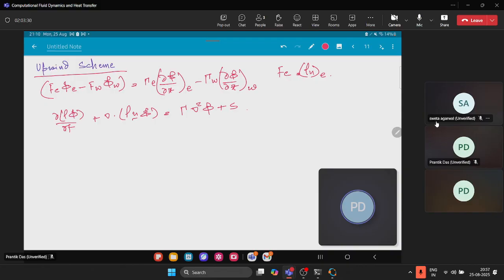Okay. So if that's a convection diffusion problem without any source term, this term becomes zero. This term also becomes zero since this one is a steady convection diffusion problem without any source term.